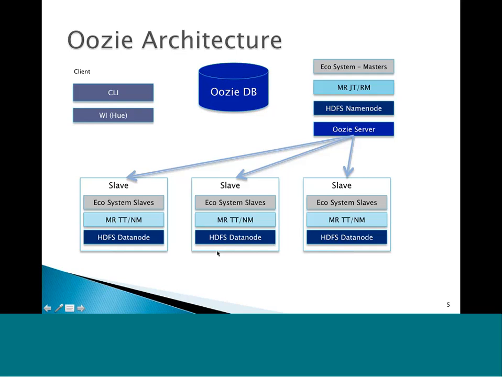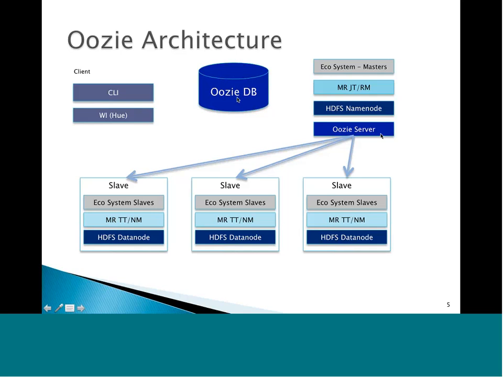A slave is nothing but a slave node in the Hadoop cluster, and then you have a bunch of masters, which could be ecosystem masters, MapReduce masters or the HDFS master, and then you will have another master, which is termed the Oozie server. Typically, this will be running on a gateway or some other node designated as the Oozie server.